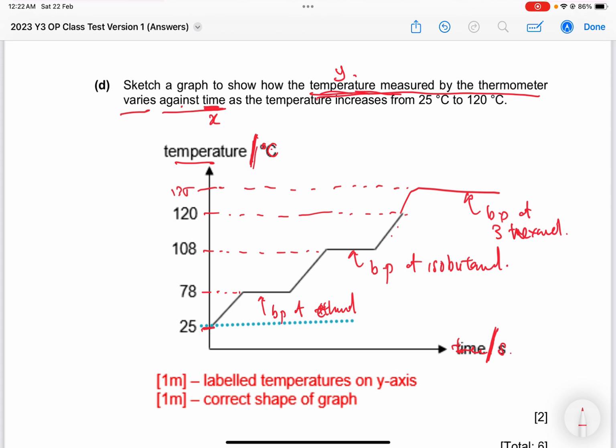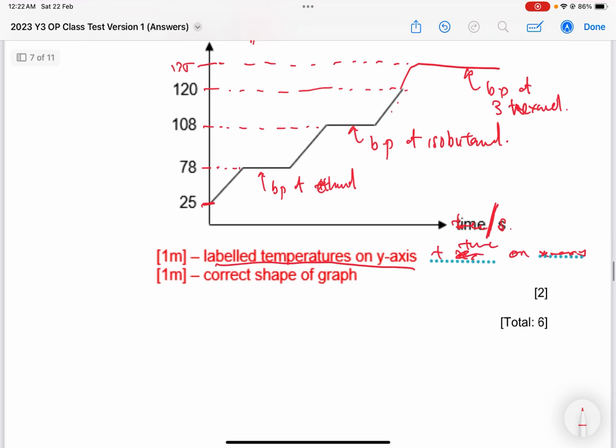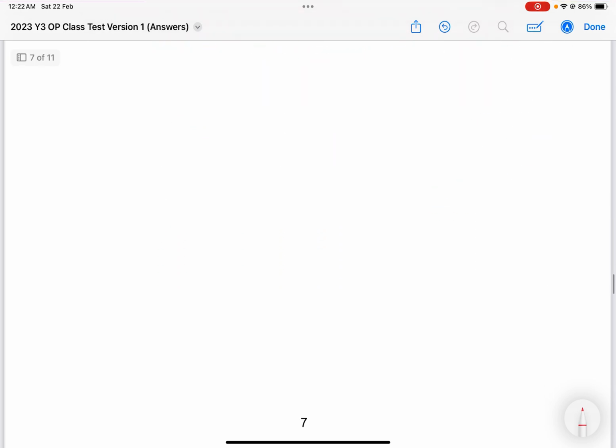Just take note, generally whenever it reaches the boiling point of the substance, the temperature remains constant for a period of time. So labeling of the temperature on the y-axis plus time on the x-axis, and the other one is correction of the graph where you're supposed to see two flat lines over here. Okay, two flat lines. So that's where the 2 marks go to.